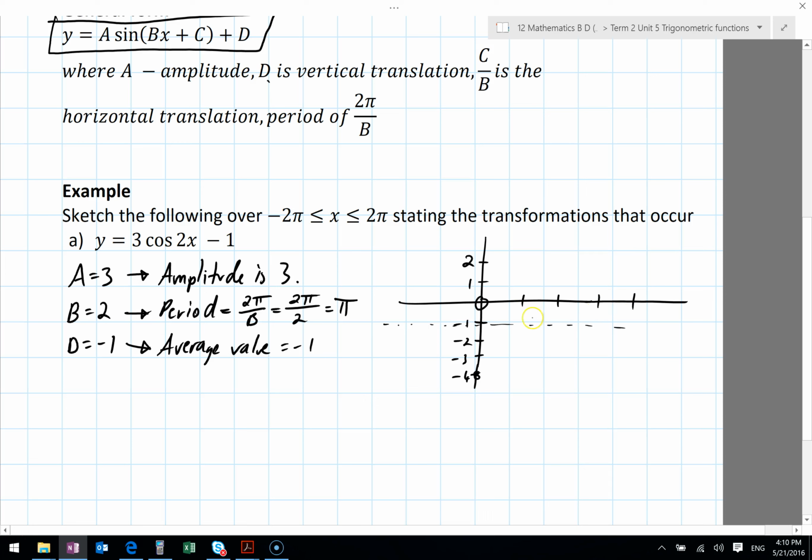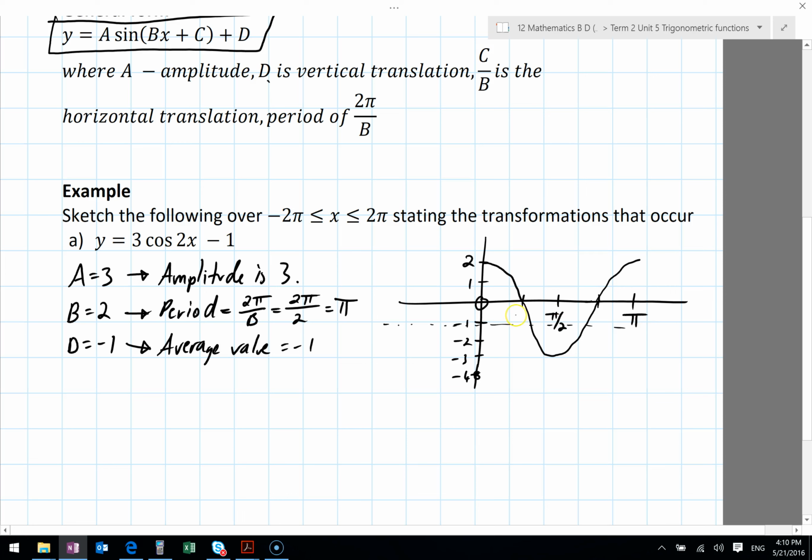It's a cosine graph, so it'll start at the maximum value, go down to the minimum value, go up, and up to the maximum. Because I know the period is pi, I know this distance needs to be pi.